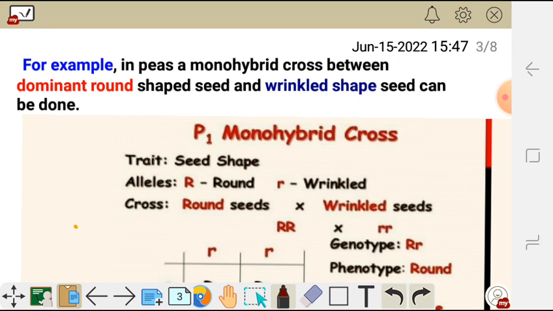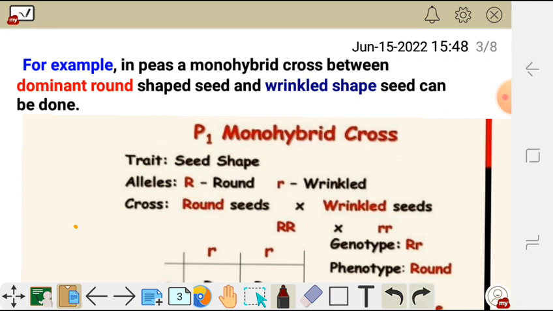To draw a monohybrid cross, you first identify the trait involved in the cross. The trait we want to see here is the seed shape. The alleles involved are the dominant R and the recessive r, which represents wrinkled.